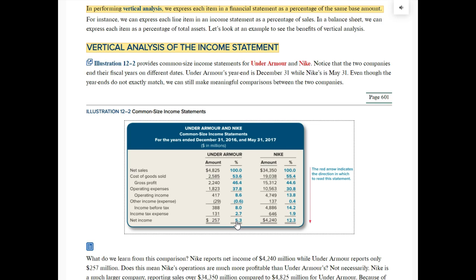But now you can see that even though Under Armour has a higher gross profit percentage, Nike is doing a better job at the bottom line. So if you say for every $1, it creates 12 cents in profit, whereas Under Armour, for every $1, creates only 5 cents in profit. So that's one way to analyze these. You can compare companies, or the same company year after year.